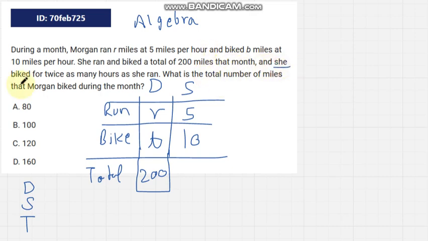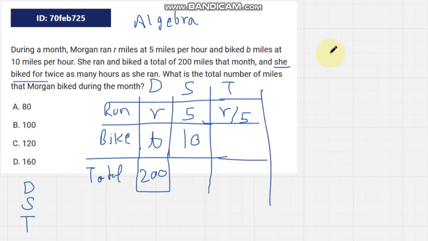That month, she biked twice as many hours as she ran. So we need time also. Now, if the distance is r and the speed is 5, the time is going to be r by 5. Distance is speed times time, and the time is distance upon speed.